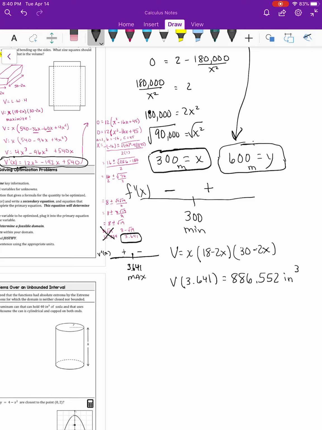And I got 886.552 cubic inches. And that was also my volume of 8 minus the square root of 19. So that's more exact. So you wouldn't have wanted to put your rounded thing in and then round it again. You want to put that exact 8 minus the square root of 19 in.